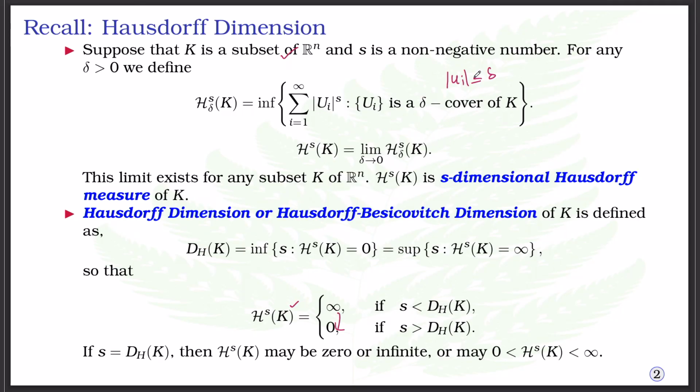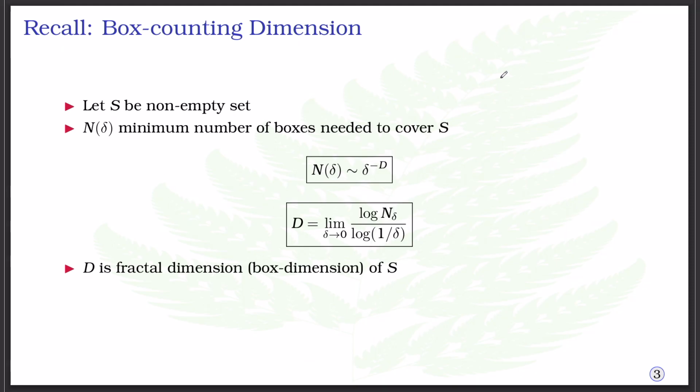Now here we are taking the cover of K by considering arbitrary sets U i having diameter at most delta. Now instead of taking the cover at most delta, we are going to take the diameter exactly delta. That leads to the definition of box counting dimension.